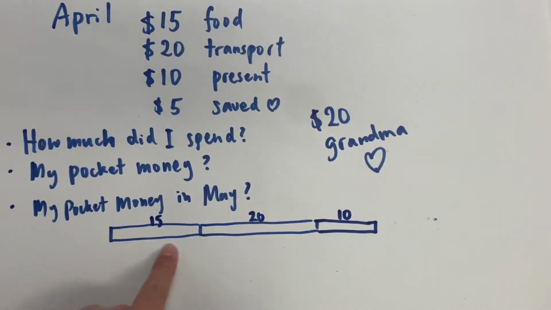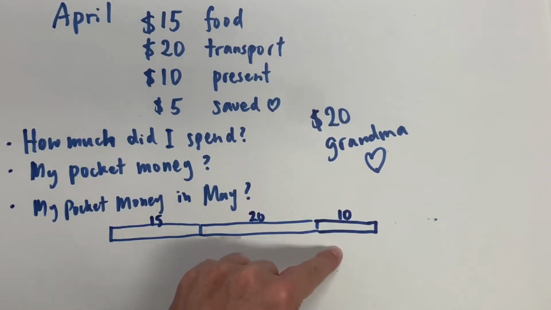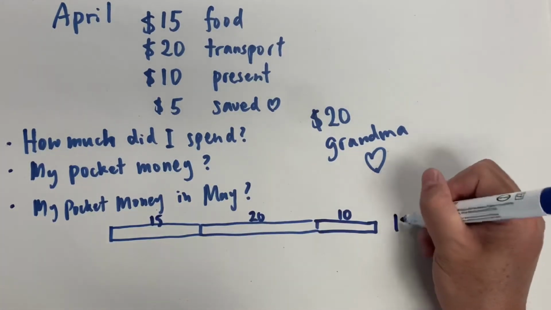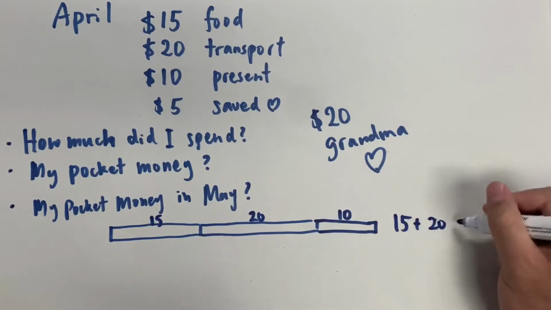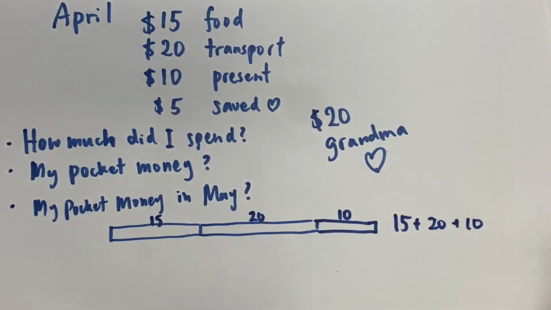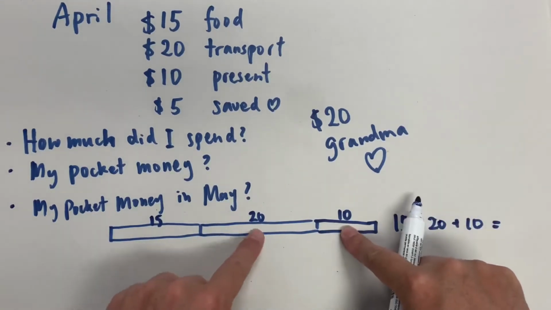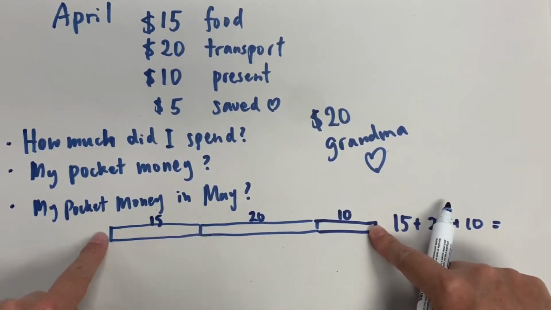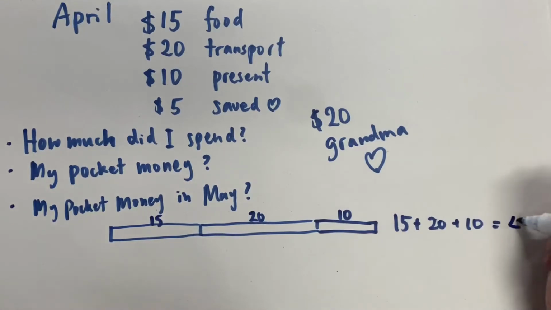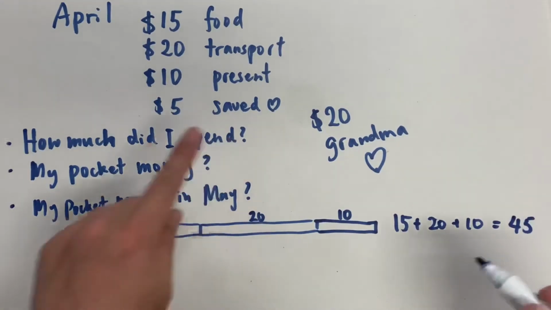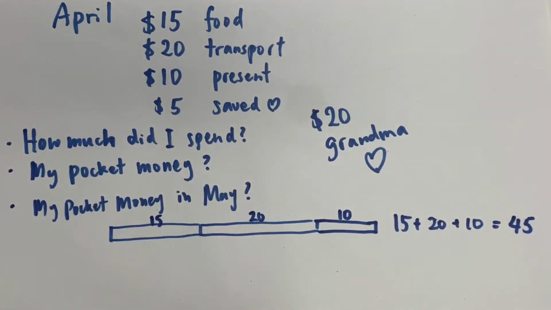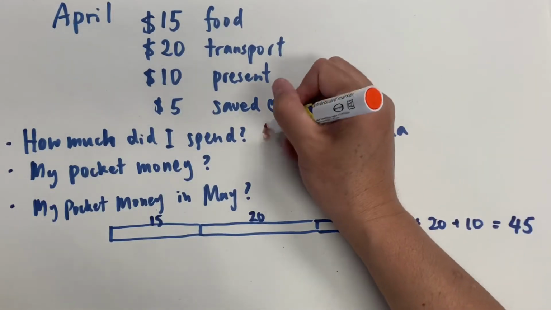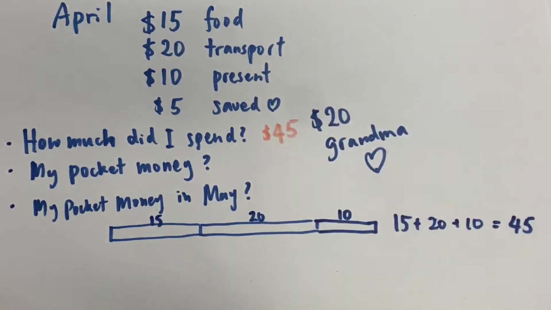So if I go 15 plus 20 plus 10, I can go 10 and 20 first, that's 30, then 45. That's $45. I spent $45, right?